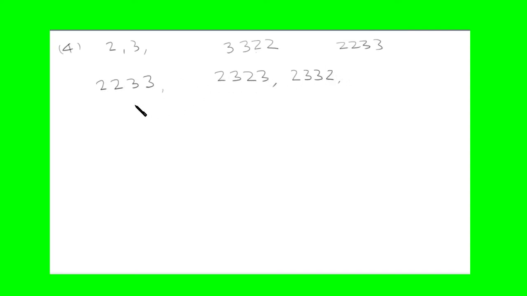Now to make the next number, we are going to use 3, 2, 2, 3. Then 3, 2, 3, 2. Then 3, 3, 2, 2.